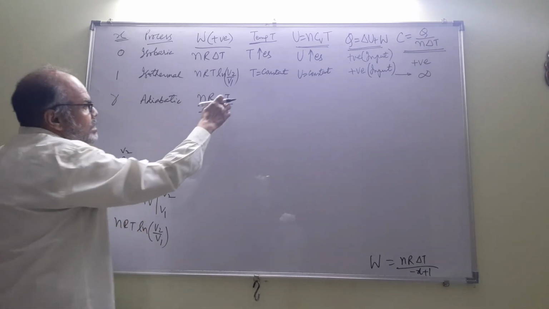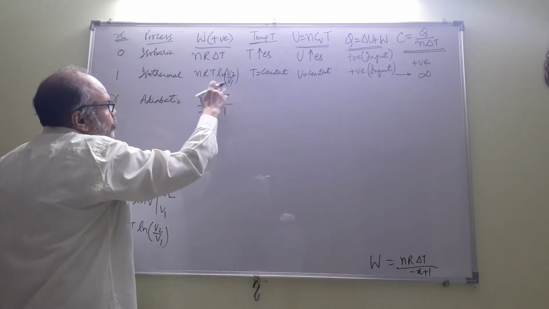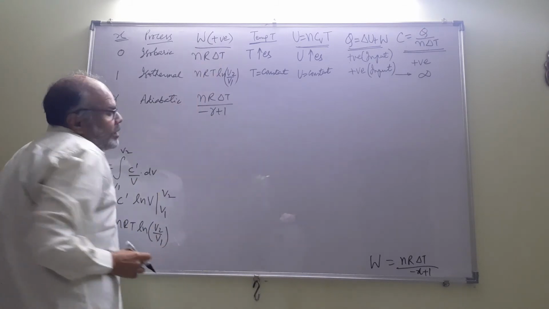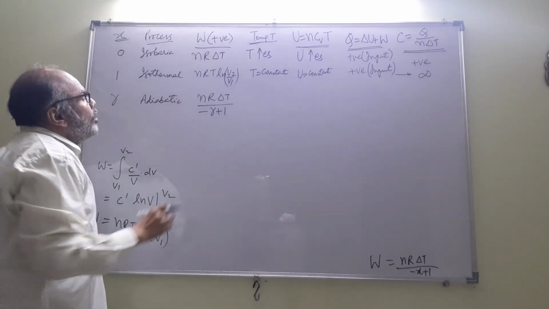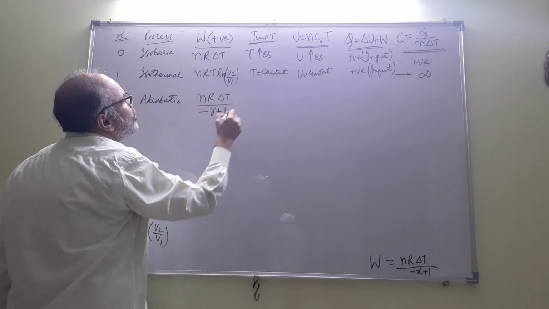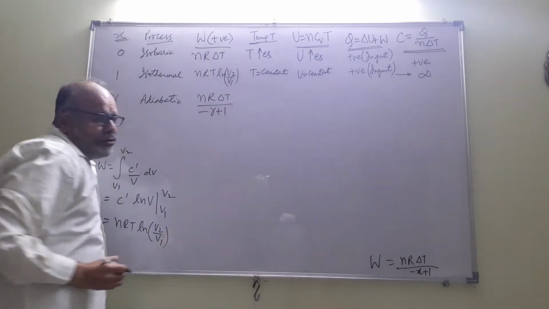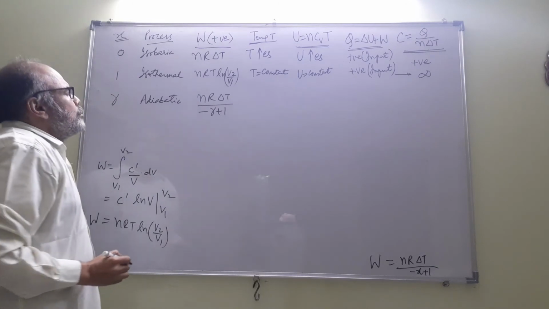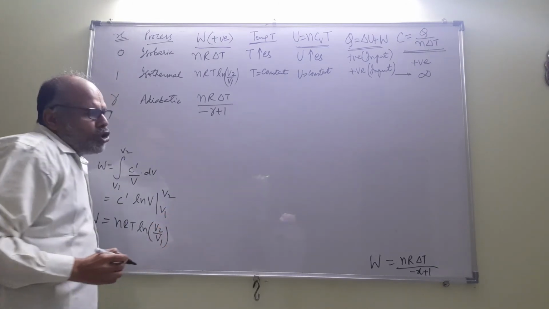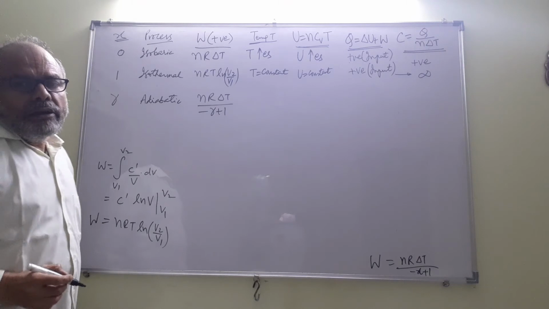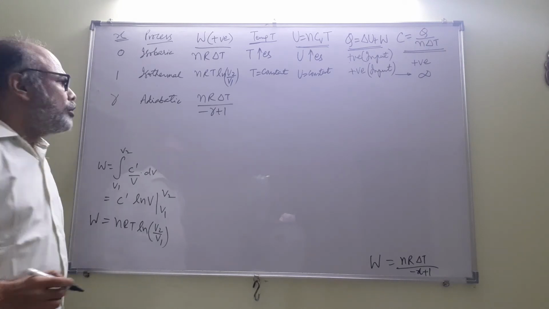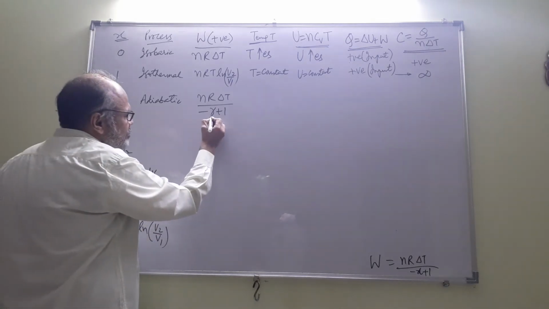Now, we are saying that the work is positive because it's an adiabatic expansion. If this quantity is positive, the denominator is negative because gamma is greater than 1. For a monatomic gas it is 1.67, for a diatomic gas it is 1.4. So gamma is a quantity which is greater than 1.